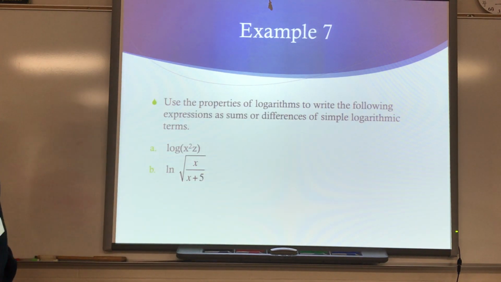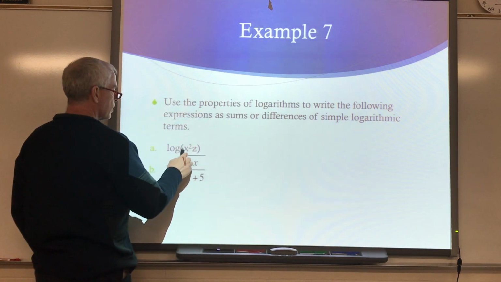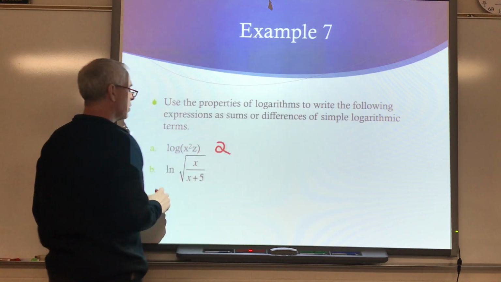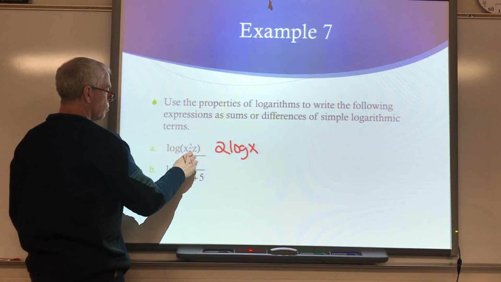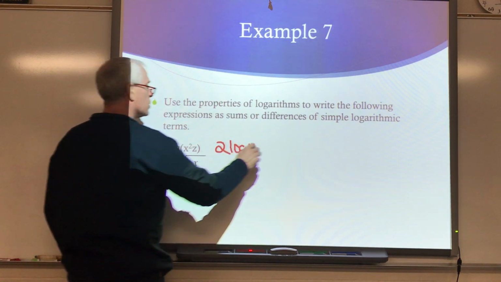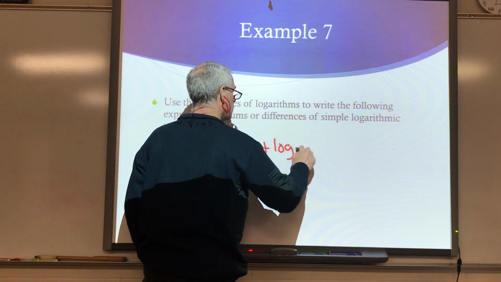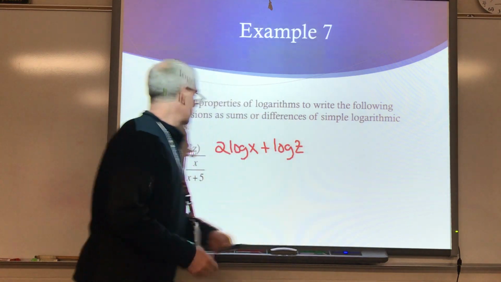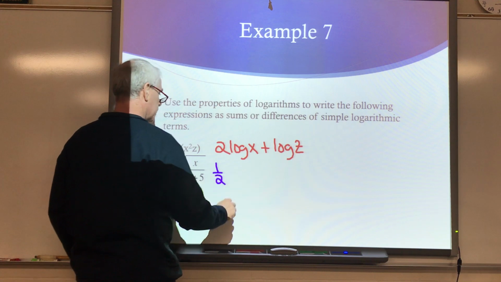Okay? Use the properties of logarithms to write them as sums or differences. So now we're going to expand them. Okay? So x squared, I see a power on that, so that power can come out front. 2 log of x. And multiplication here, the product property turns into addition over here, plus log of z. Okay? The second one here, again, that's all to the 1/2 power, so the 1/2 is going to come out in front.